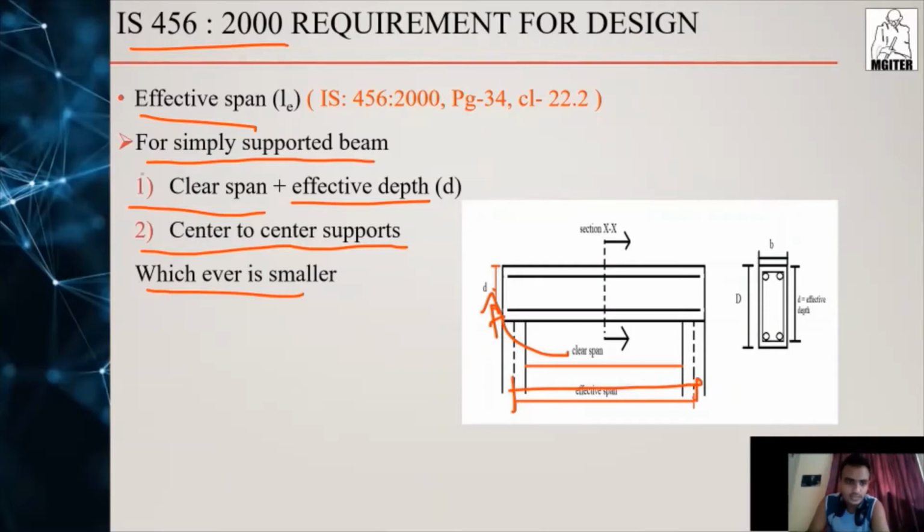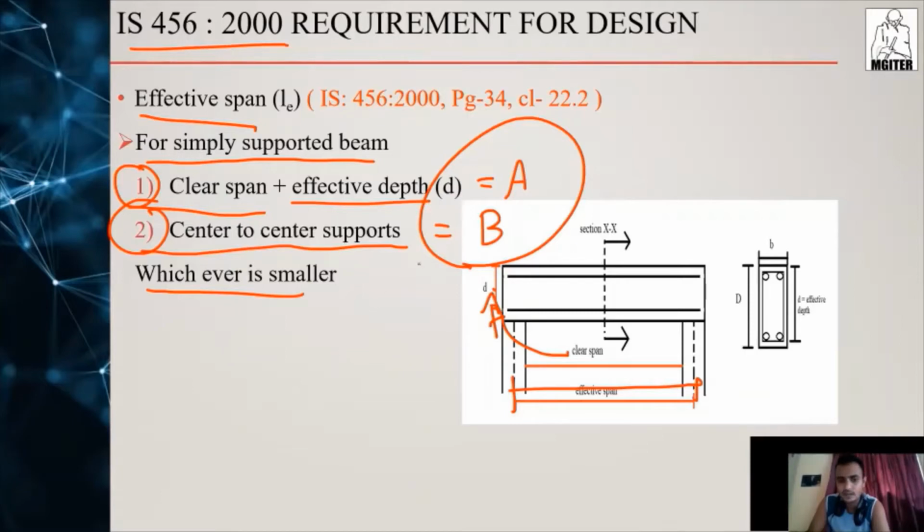These are the two conditions, 1 and 2. We get two values, call them A and B, and whichever value is smaller is used as the effective span.